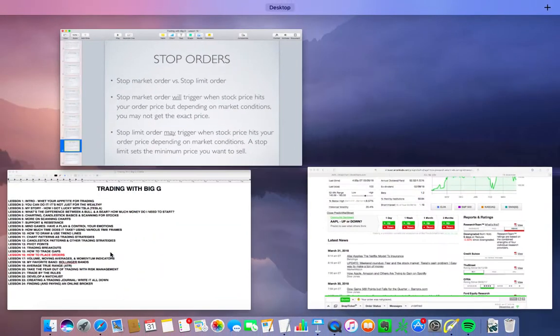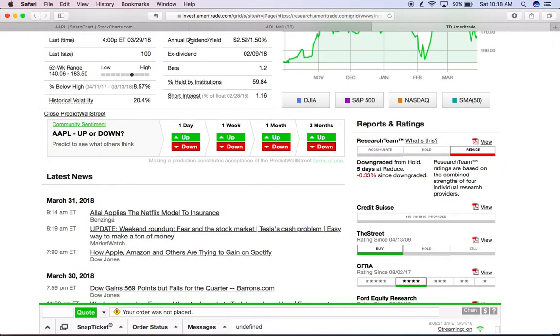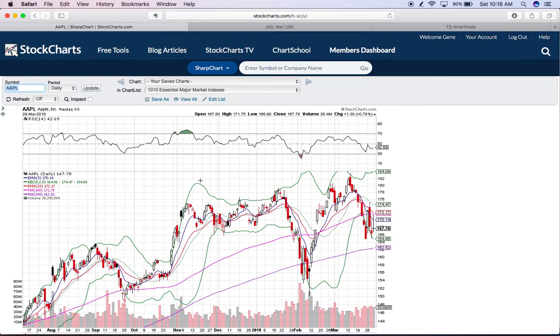So let's go to the chart of Apple, and let's say you buy here at 165-ish, or was it, I forget now what we said, 167 or whatever it was. You would buy here, and let's just pick a day on the chart. Let me get a little marker up here so you can see what I'm looking at.